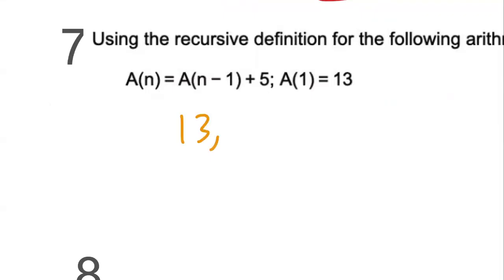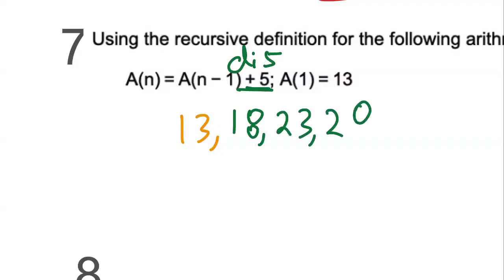Now, this is the explicit formula. From the explicit formula, what information can we get from this formula? It goes up by 5. That's the common difference. The difference is 5. So if my first number is 13, what's the next pattern going to be? Very good. Followed by 23, then 28.